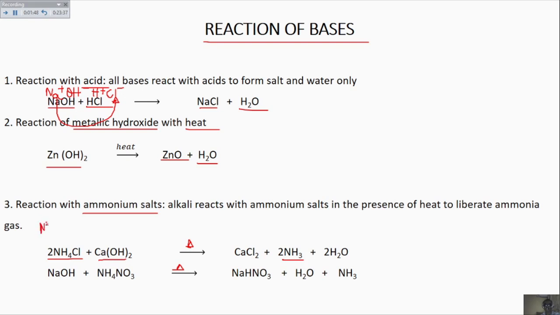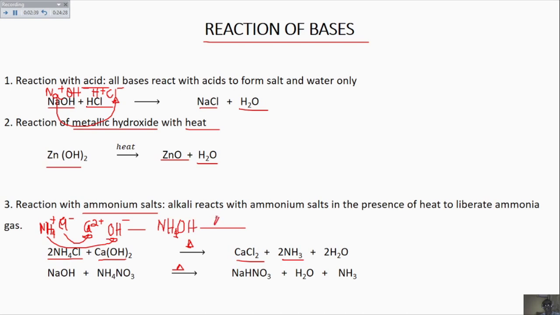And a good example is this. When you have NH4+ Cl-, plus calcium 2+ OH-, this one forms calcium chloride, while this one forms ammonium hydroxide, which is NH4OH.